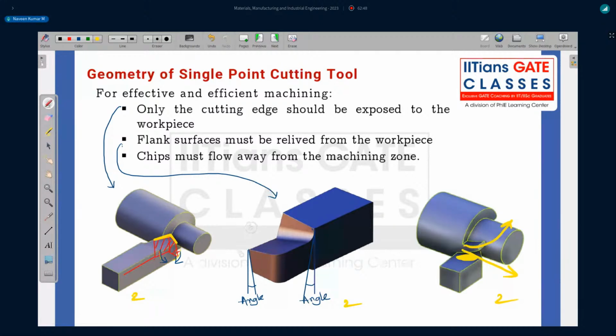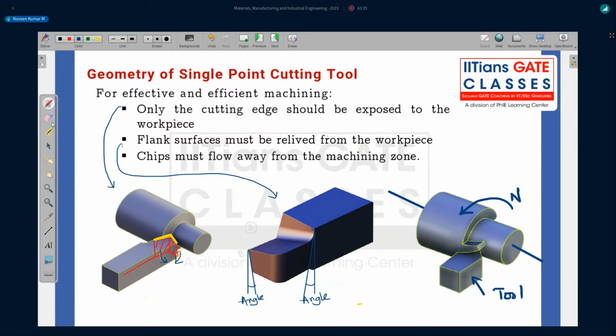Let's write this again. So of course, this is the tool. This is the work rotation, and maybe I'll say this is the axis at which the rotation is happening.